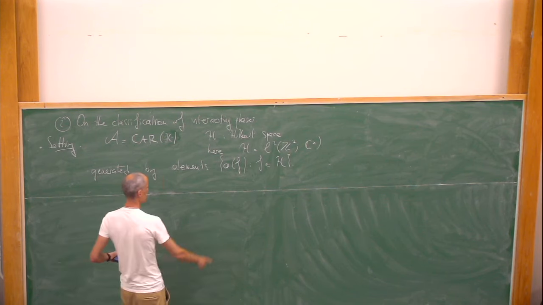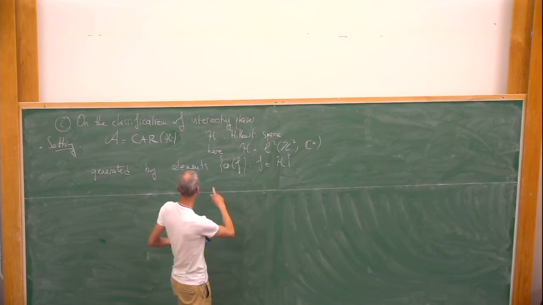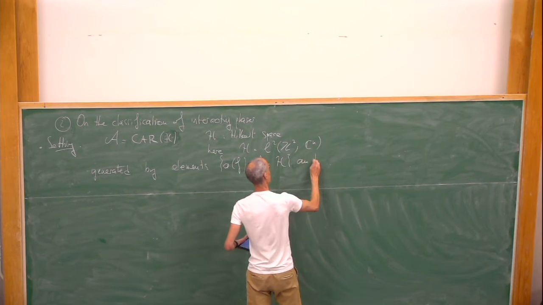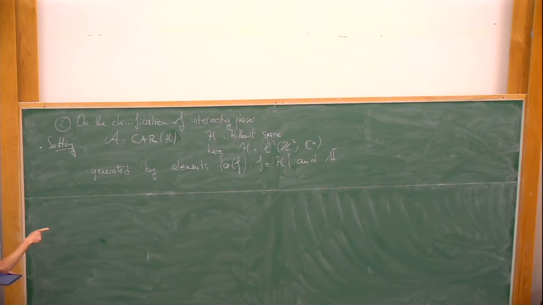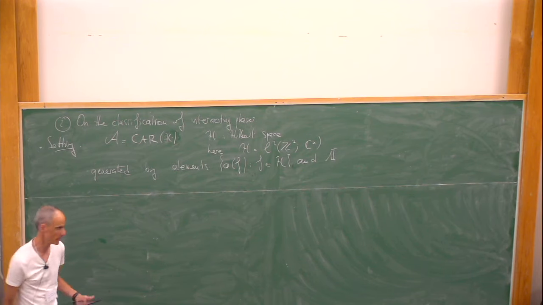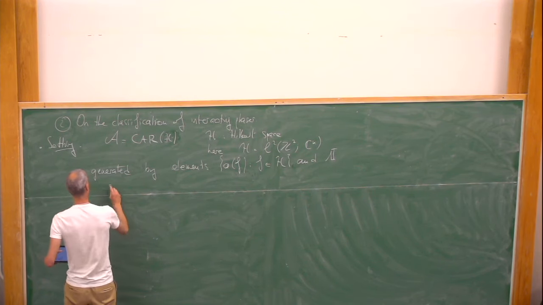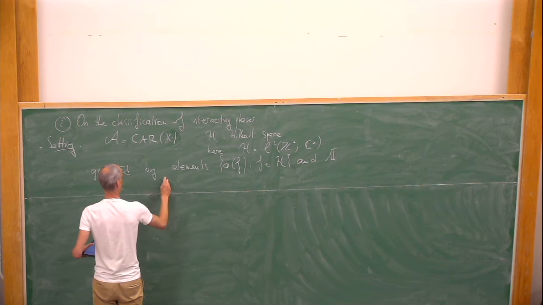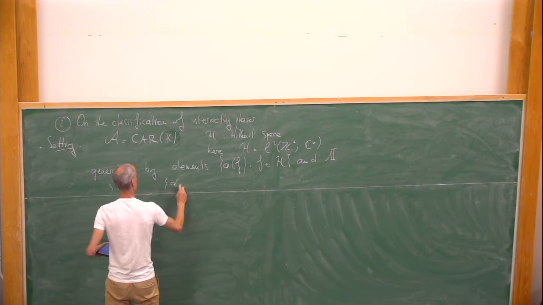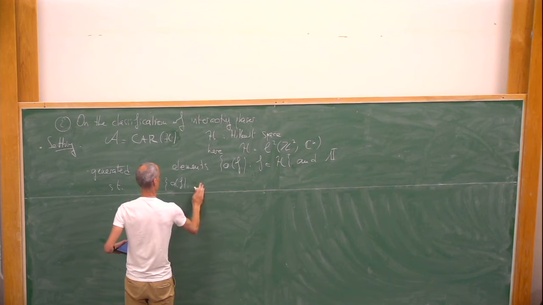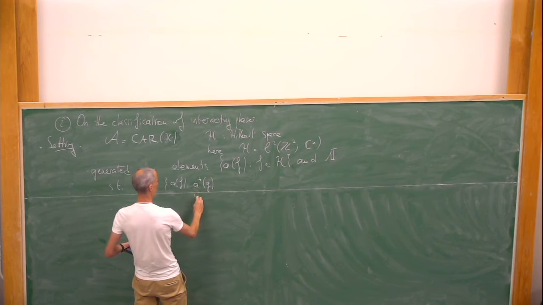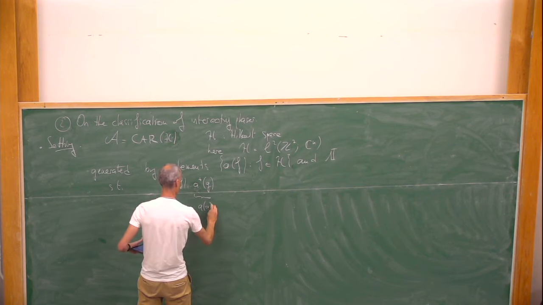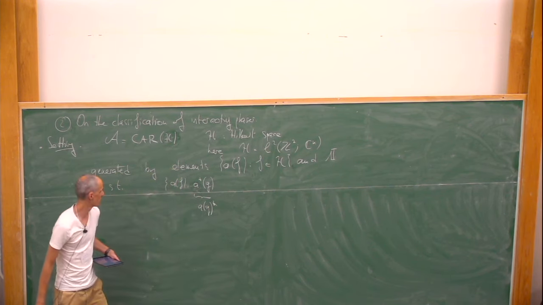And so it's generated by the elements A of F and an identity element, 1. You also have the adjoint, A star of F, called the creation operators. And they satisfy the anti-commutation relation, which is the anti-commutator of A of F and A star of G. So I will denote A star of G, it's the same as A of G star, okay?